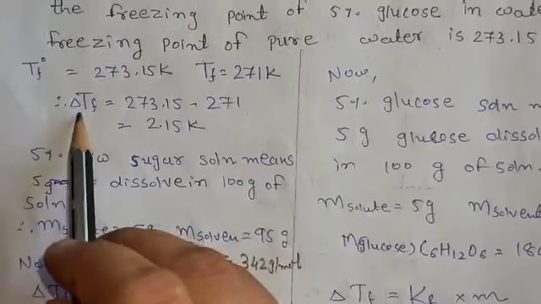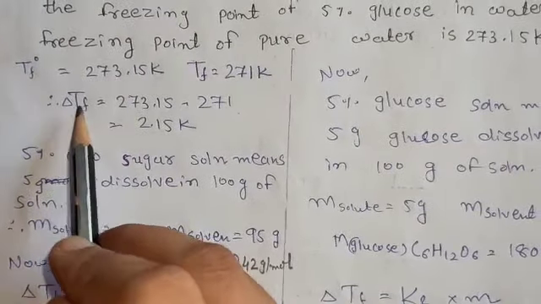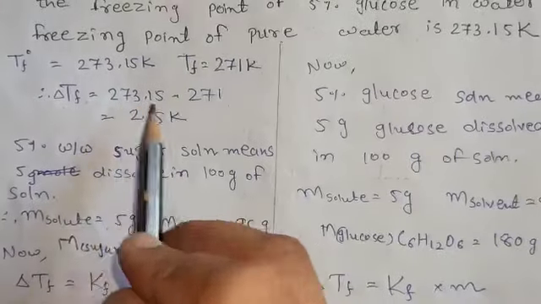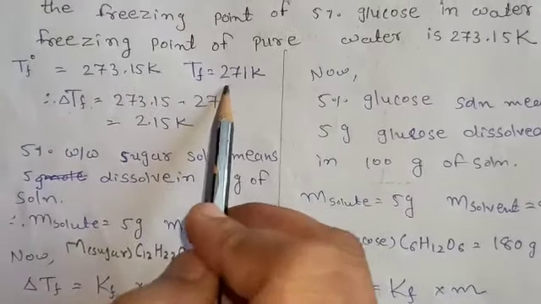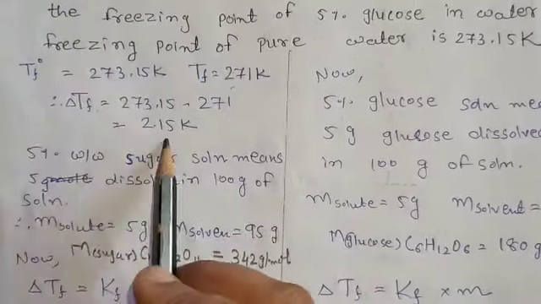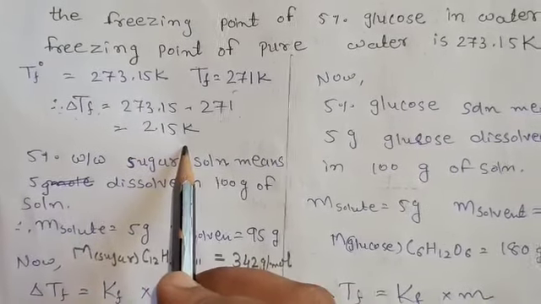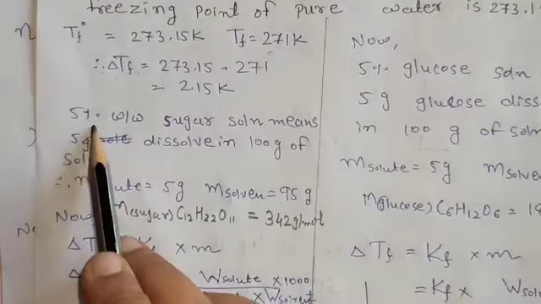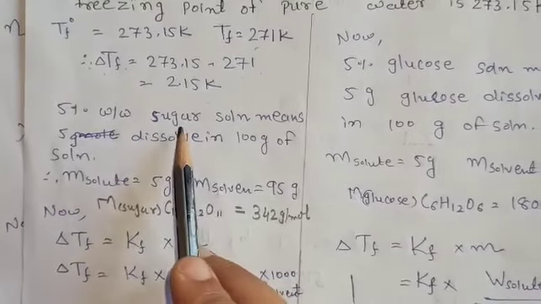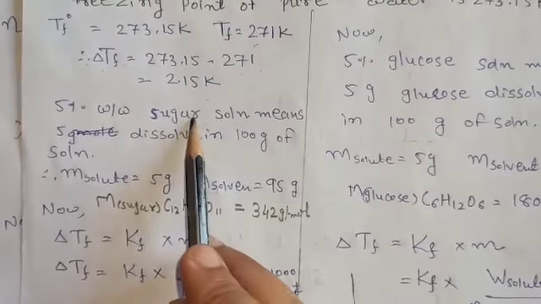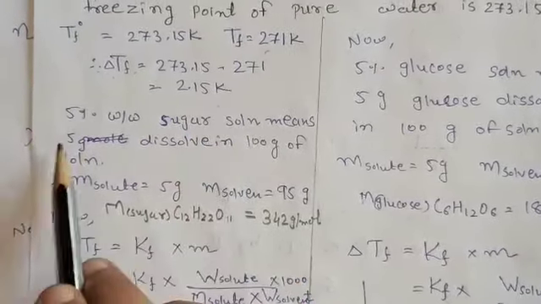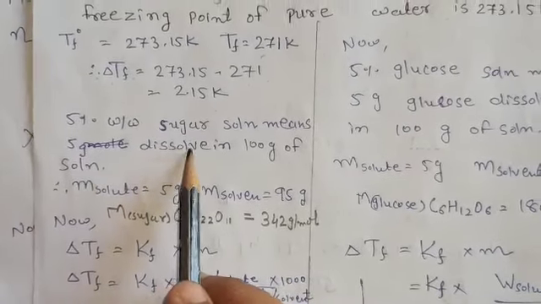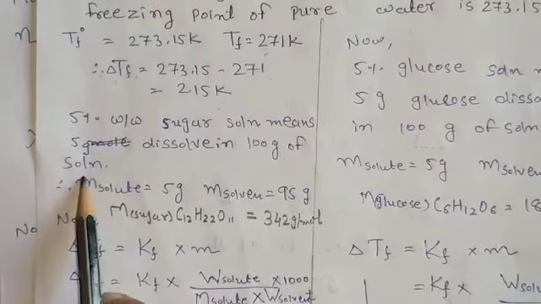We can find out the depression in freezing point, which is TF naught minus TF. Replace that value, you will get delta TF equal to 2.15 Kelvin, right? Now we have a 5% solution of sugar, meaning we are dissolving 5 gram of sugar in 100 gram of solution, right?